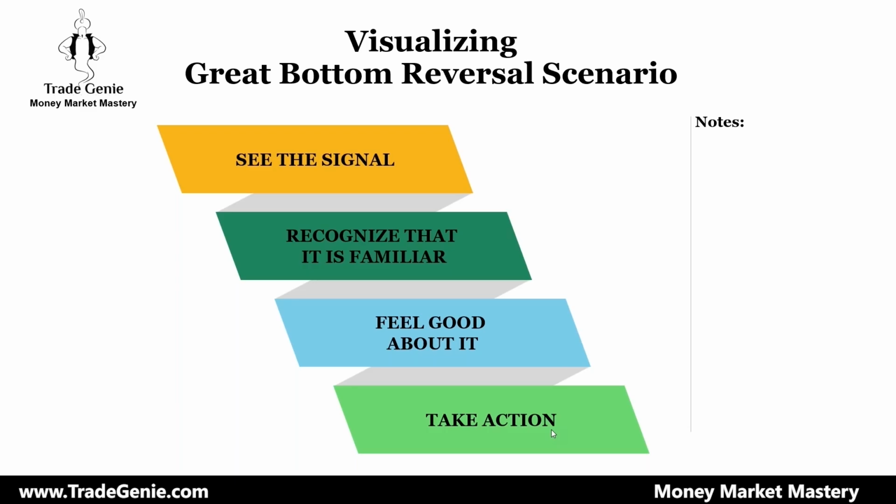So think about it. You see the signal, recognize it as familiar. So you're injecting your belief, because your belief tells you that this signal is a reversal signal, and you're acting on your belief that it is familiar. Now you're getting some internal signal. When you feel an internal signal coming from your tummy, your gut, literally from inside, that you feel good about it, you take action. So the action you take is a bold action, and the bold action is the mental state.